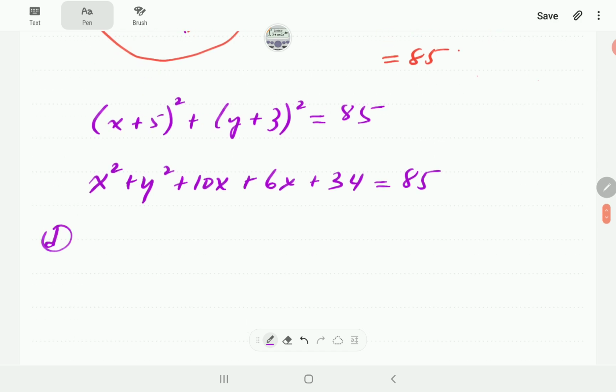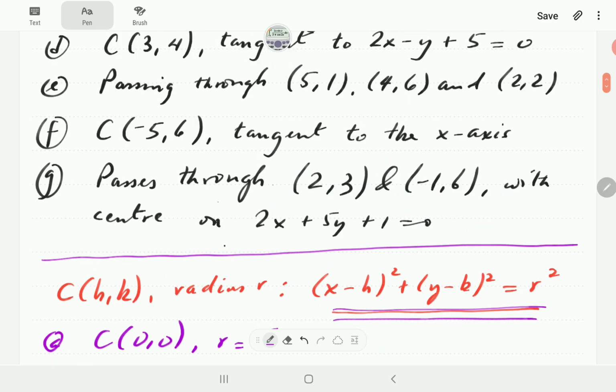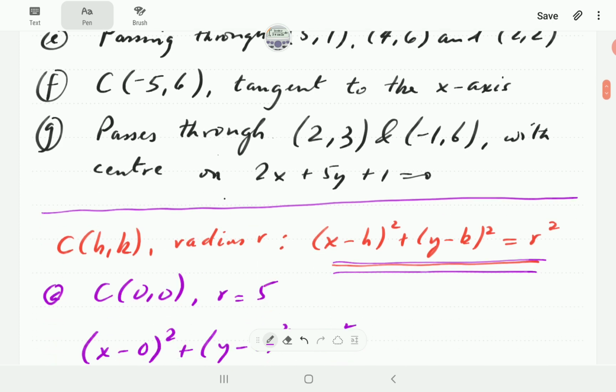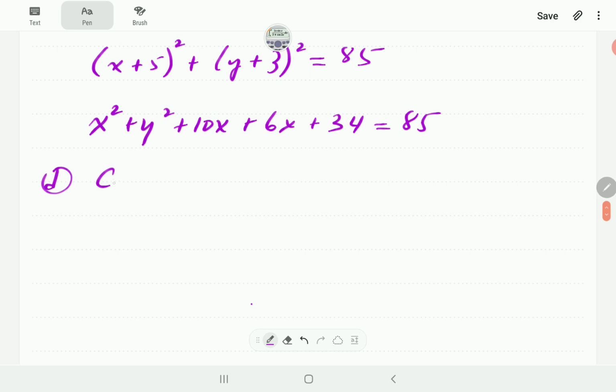In D, let's remind ourselves, we have center at 3, 4, tangent to 2x minus y plus 5. Okay, so this circle is centered at 3, 4.